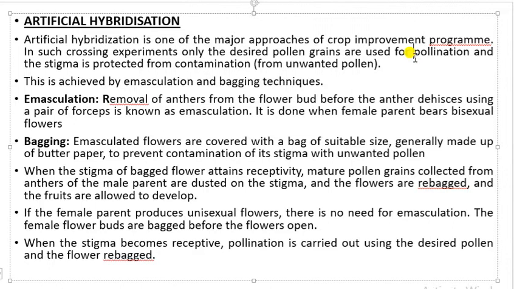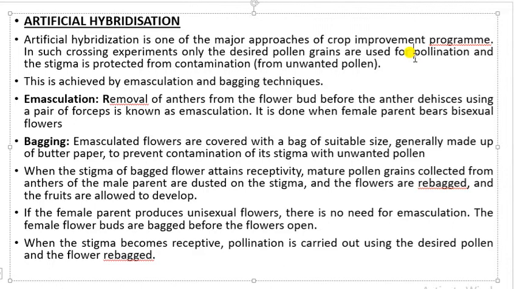So this can be achieved by two different techniques. One is known as emasculation and the other is known as the bagging technique. So emasculation and bagging technique help in the process of artificial hybridization. Now emasculation is a process of removal of anthers from the flower bud. So when the flower is present in the bud condition, we will remove the anthers.